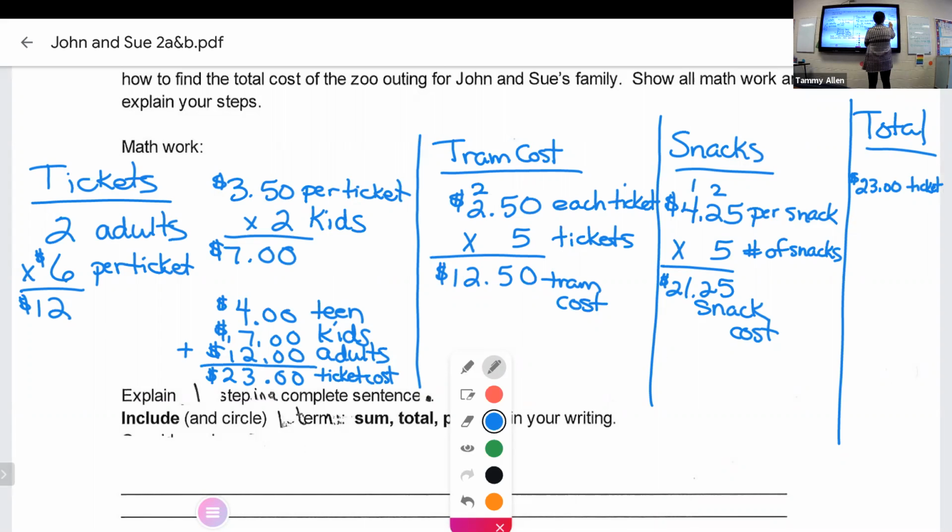I need my $12.50 from my tram. And my $21.25 from my snacks. What is the total cost for the zoo outing? Everybody agree with the $56.75? Yep.